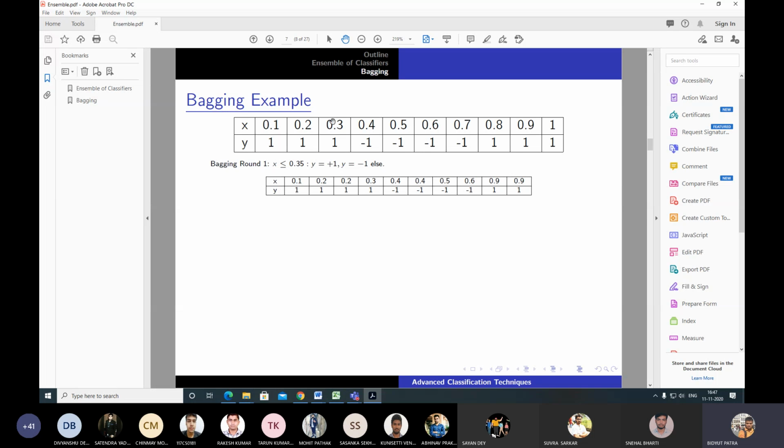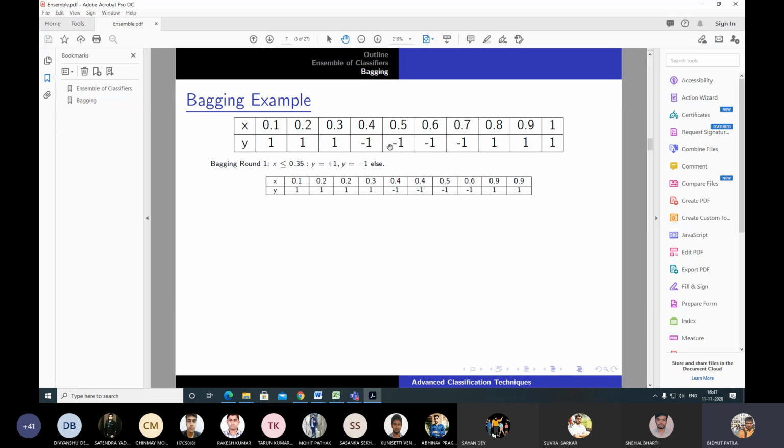This data is different from the original. Now you find a decision stump which can rightly identify the class label of all the objects, but that might be difficult, so you find a decision stump which minimizes the error. If you put a decision stump here, this will be positive and this one also positive, so these two will be wrongly identified.